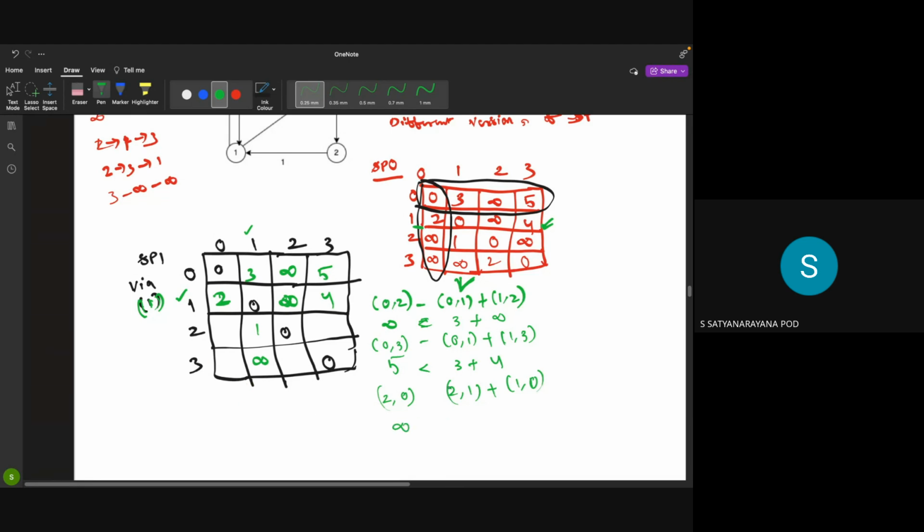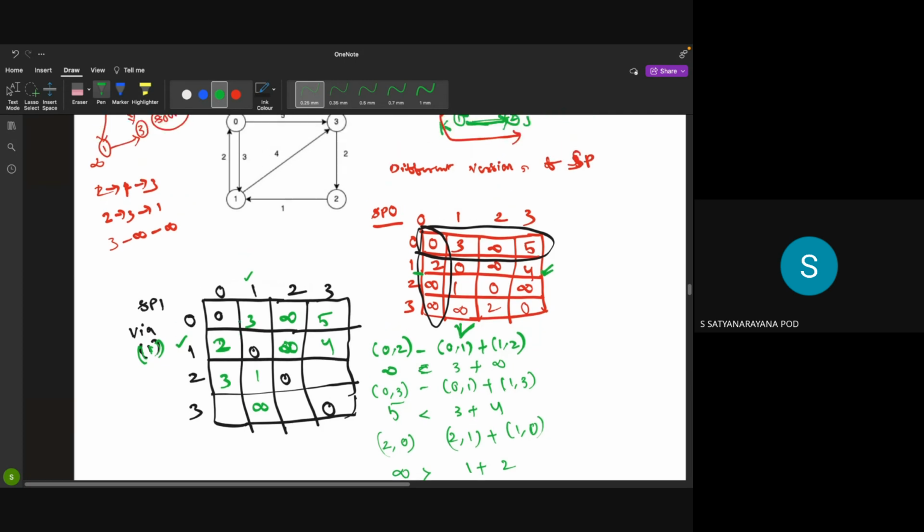So next one. 2 to 1, it's 1. Is it right? Yes, sir. So 1 to 0 is 2. So this 3 is there. This is greater than this. So what is updated now? 3. Yes, 2 to 0 is updated now with 3. So earlier 2 to 0 was infinite, now it is 3.